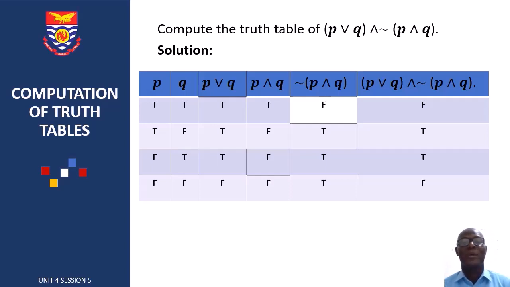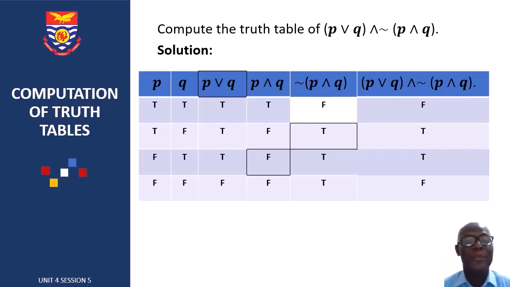Now let's look at conjunction. For conjunction, the conjunction is true if both statements P and Q are true. If any of them is false, then the conjunction is false. So if P is true and Q is truth, then the conjunction is truth.